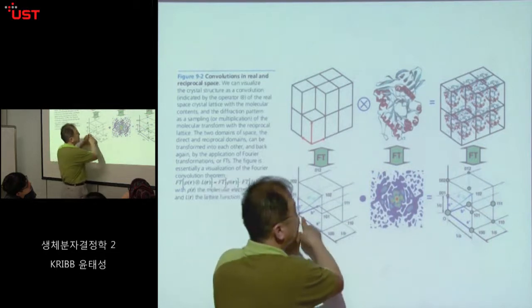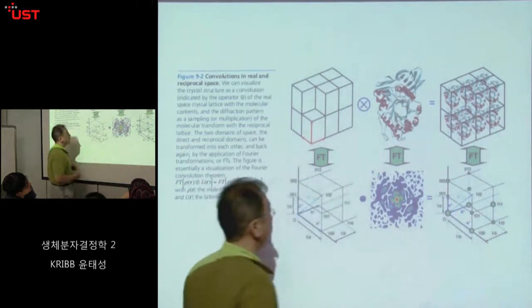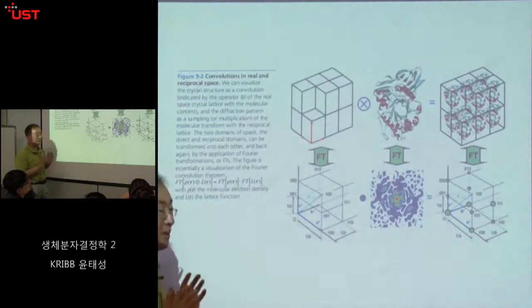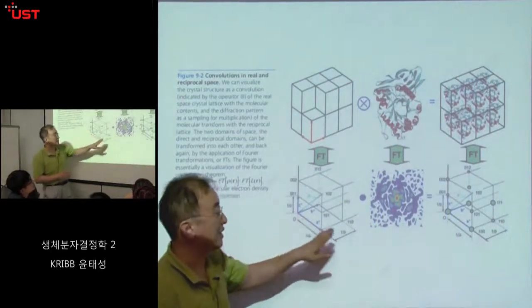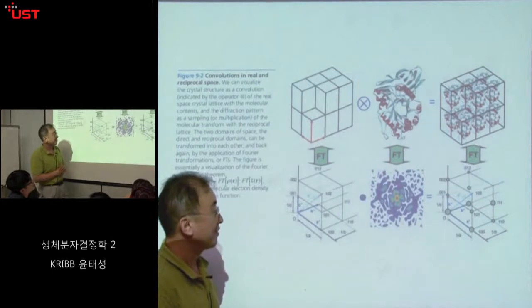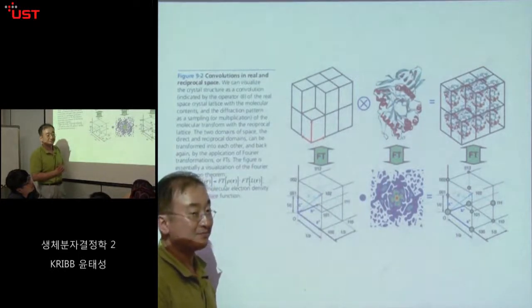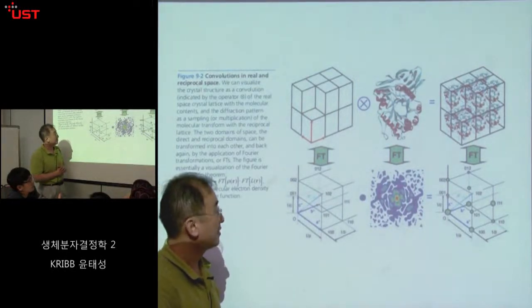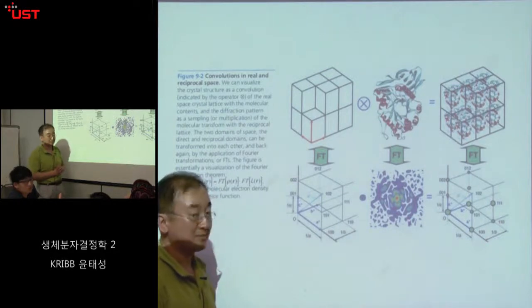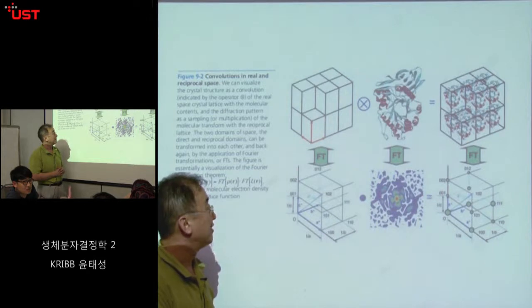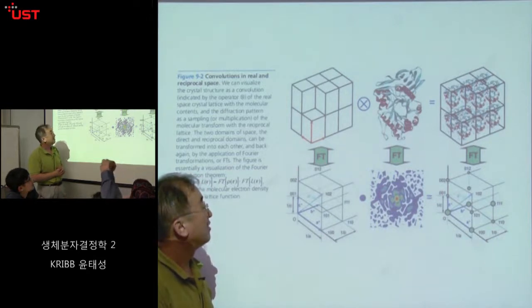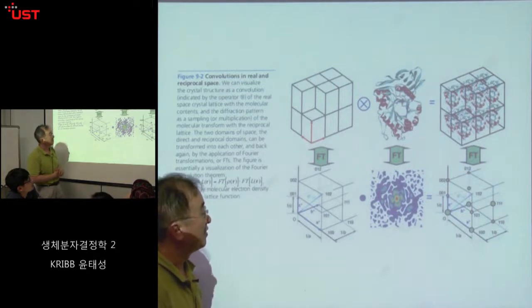If you look at this and this, we are looking at the same lattice. What's the difference between this figure and this figure? In the first figure, we have not put the continuous Fourier transform of the protein molecule, but in this third figure, we have put the Fourier transform of the protein molecule in the crystal lattice.